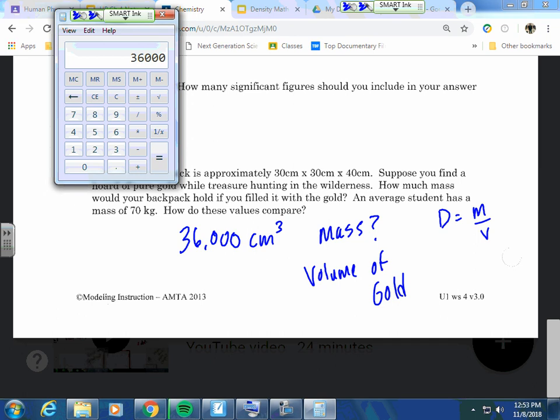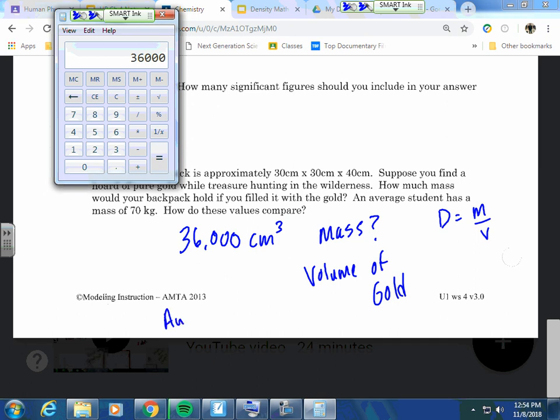Janelle? It was that table you had on here? Gold is on the table. On that table for number 5, it says gold's density is 19.30 grams per milliliter.